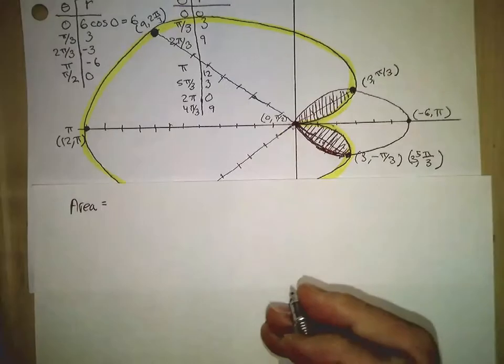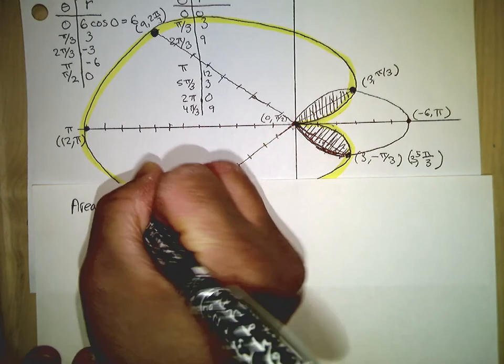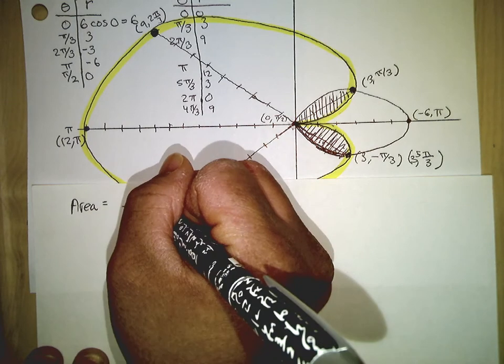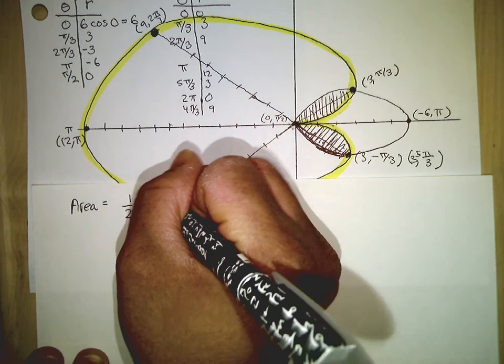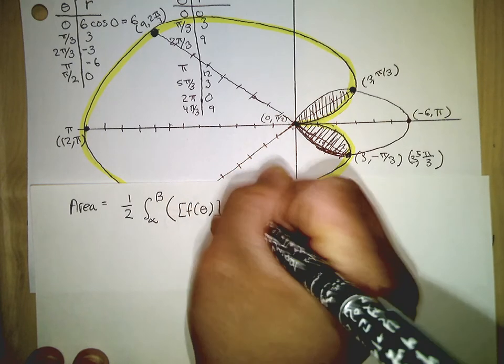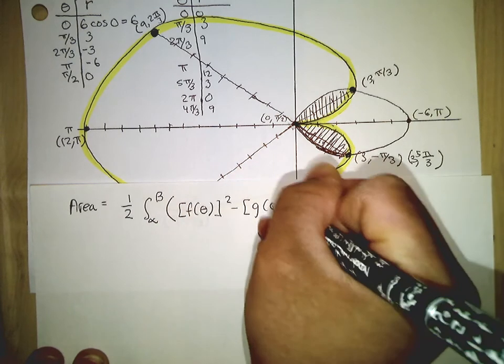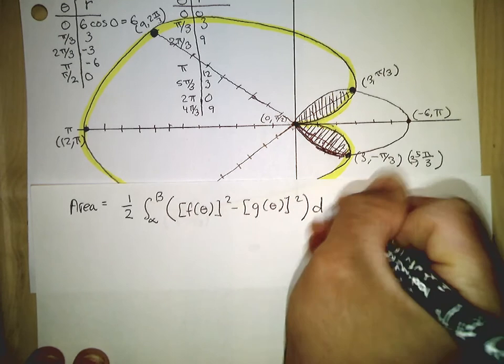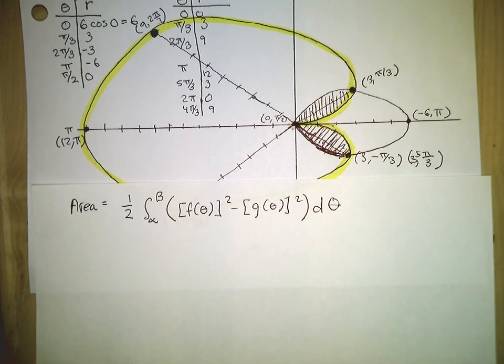All right. So it is 1/2 integral from alpha to beta of f of theta squared minus g of theta squared d theta. So try again to remember this for the rest of your life.